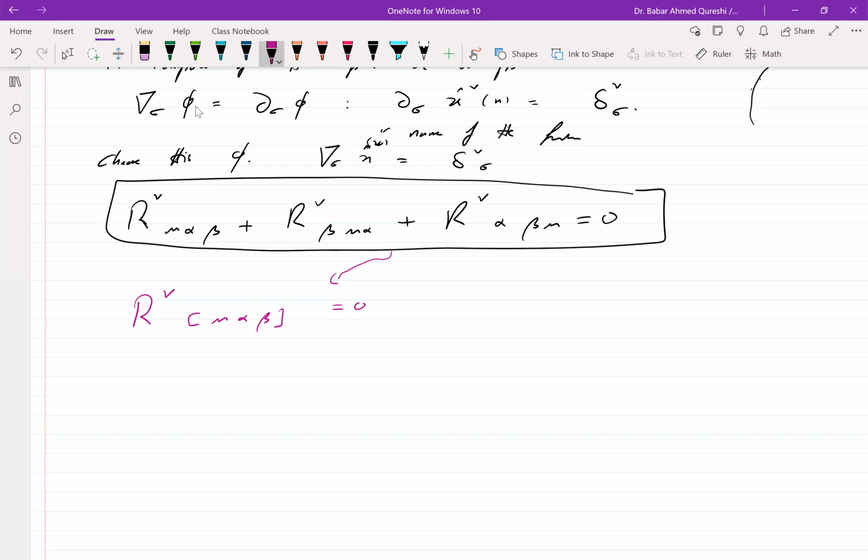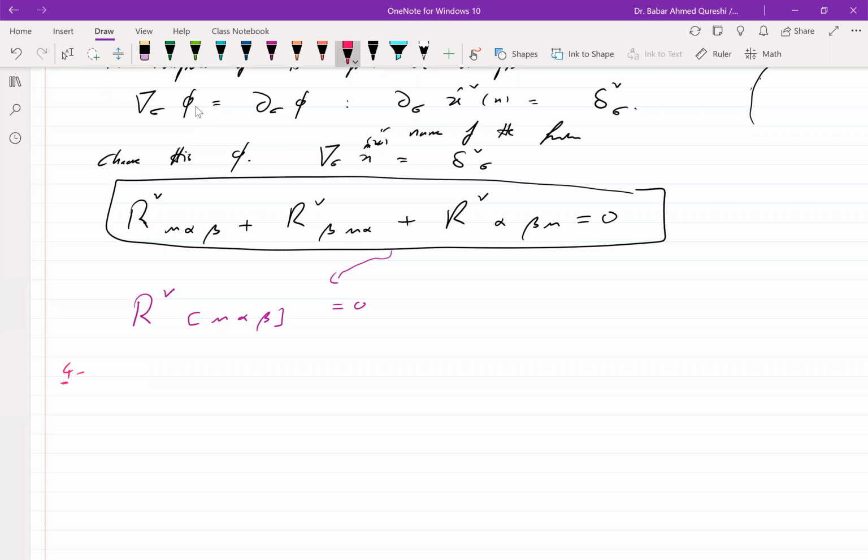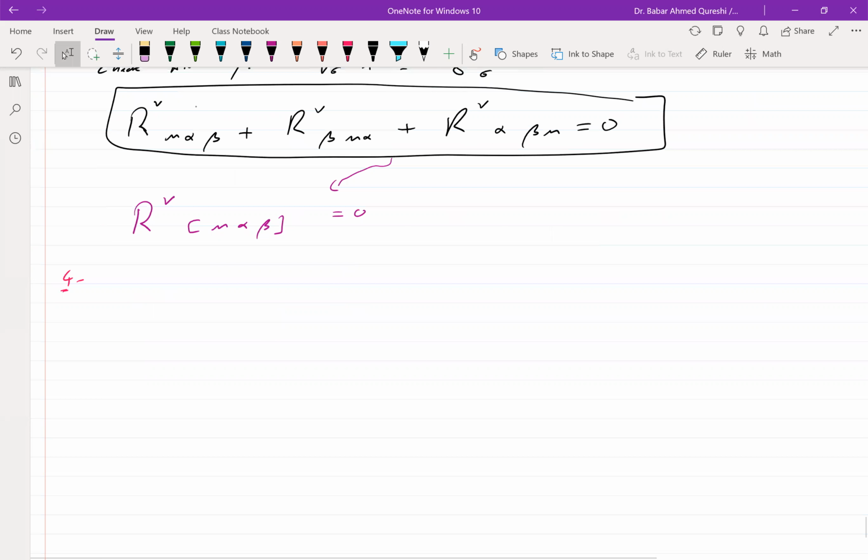From these, I can derive some more symmetry properties. Let's call it the fourth one. So let's start with this. I can bring the first index down. That doesn't enter into this cyclic permutation.